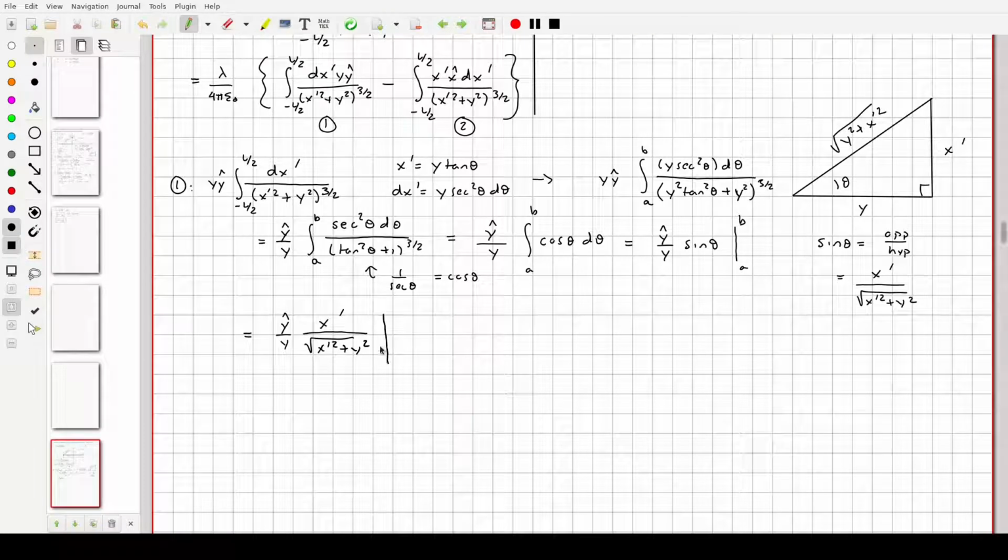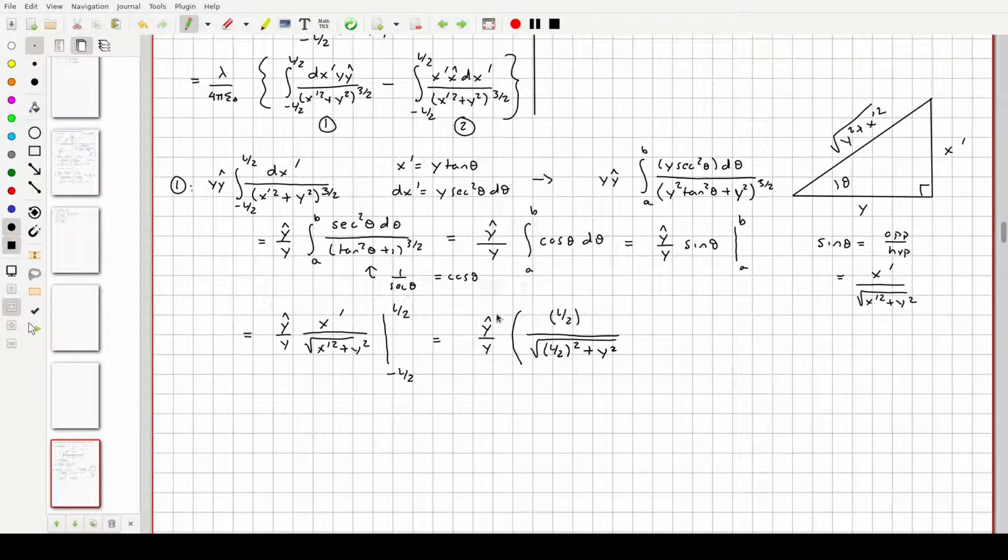Now we're evaluating this over our original limits, minus L over 2 to L over 2. Now, if you take a look here, that's a constant. We have L over 2 divided by the square root of L over 2 squared plus y squared.